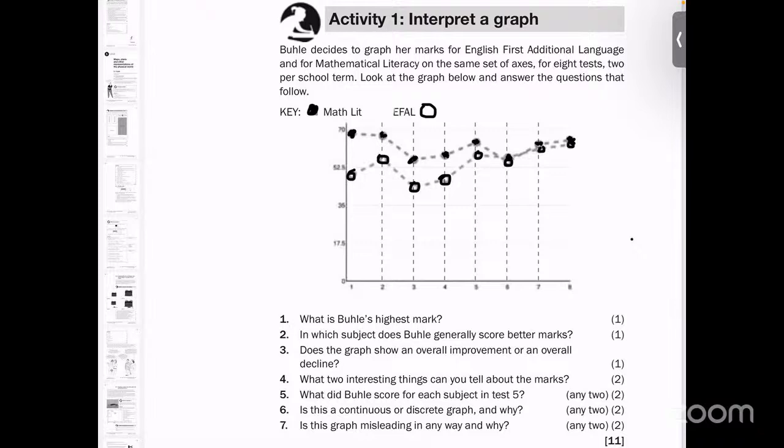So that means whichever answer you go with, you will definitely need to give a valid reason, by firstly looking at the graph and trying to make sense of it.